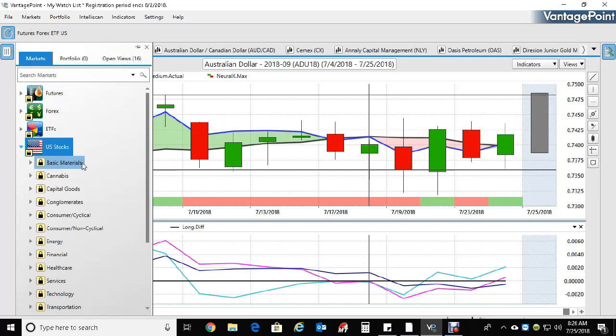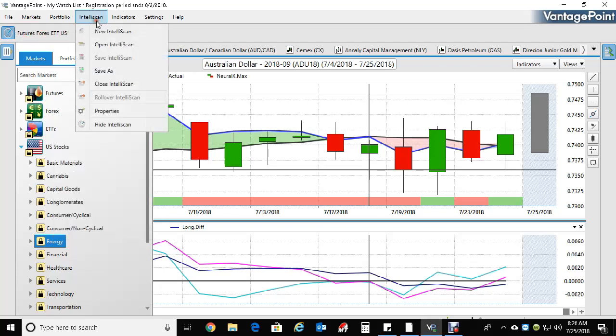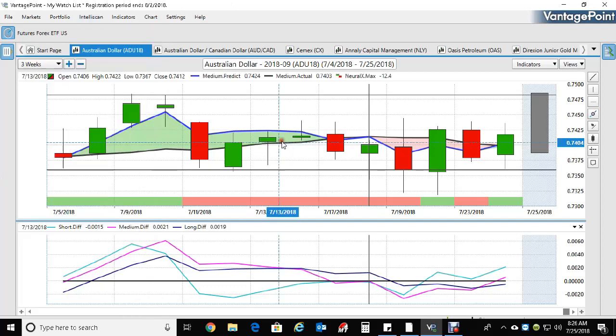If you only want to see the opportunities on basic materials or only on energy, you can do that as well, right? Click over it and you do Add to IntelliScan. But you want to make sure that you don't have any other IntelliScans open. So you close the IntelliScan before you do that, and then you'll create another one. And you can create as many as you want.